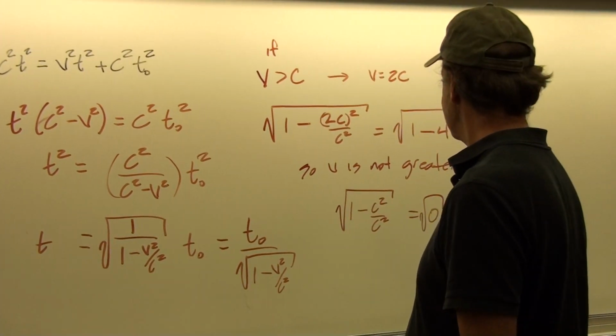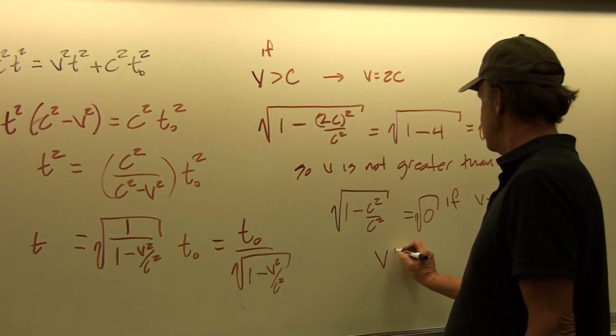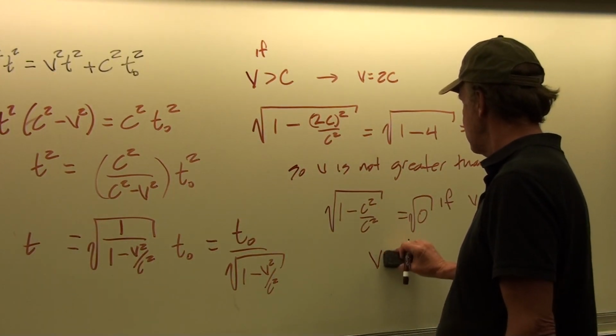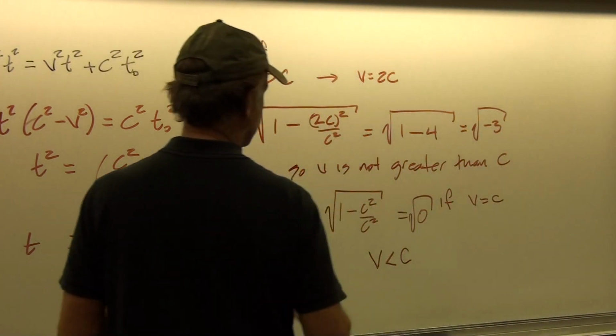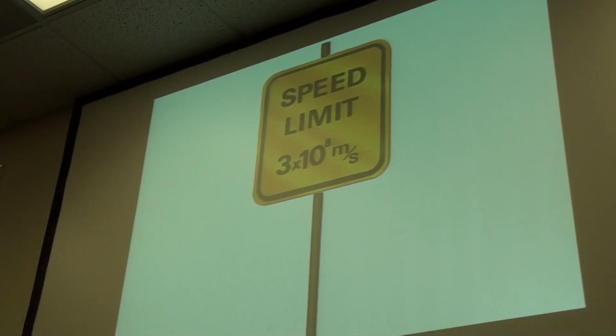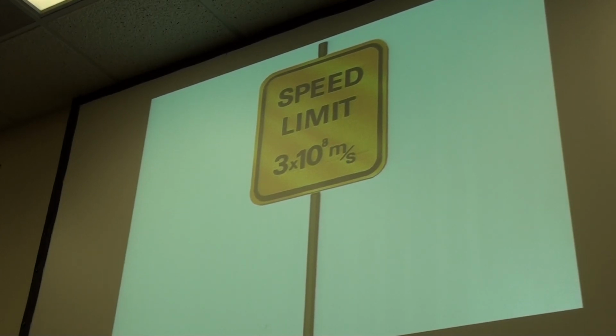So that means that you can't go the speed of light or greater than the speed of light. So v must be less than, but not equal to c. It can't be equal either, otherwise you're dividing by 0. And that's why we say that the speed limit in the universe is 3 times 10 to the 8 meters per second, because we can't have our times going imaginary, and we don't want infinite time to pass either, because then we'd be dividing by 0.